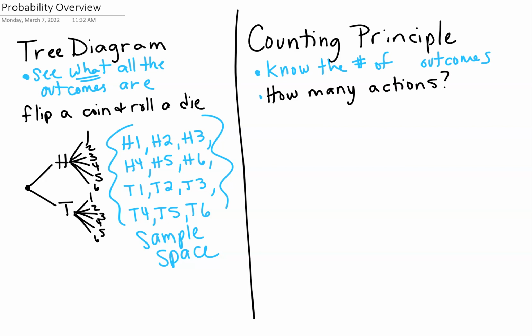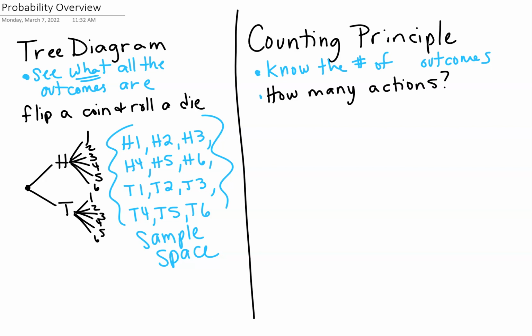But essentially, how many different things do you have to find? For example, there are some license plate problems, and they'll say the license plate is made up of 3 letters and 3 numbers. Well, if there's 3 letters and 3 numbers, how many decisions would you have to make to choose a license plate? 6.